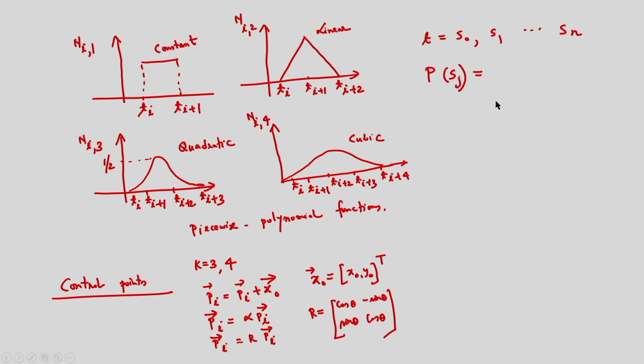So I can consider the boundary P of Sj, which is the summation of i equal to 0 to n of Pi, the control points, with the B-spline of order k. In this case, j is equal to 0, 1, 2 like this.